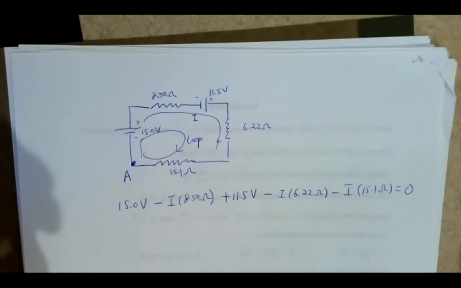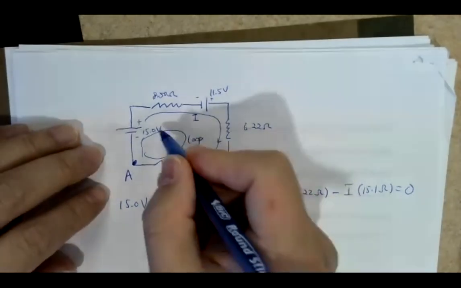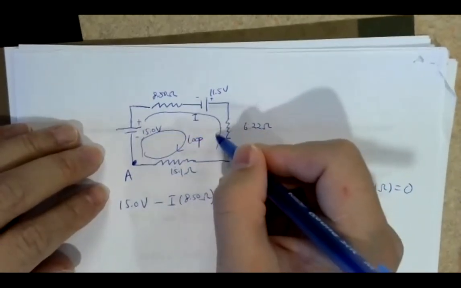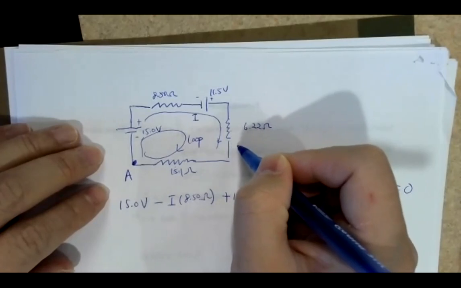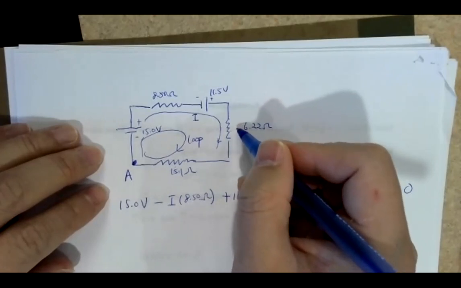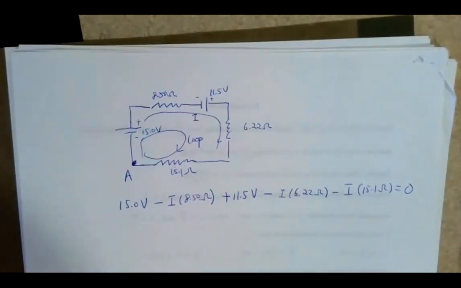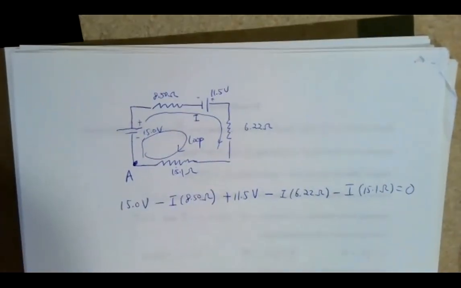Okay, and if your loop goes in the same direction as the current going through a resistor, then potential drops, or decreases. If you pick your loop to go in the opposite direction, so it's against the direction of the current, then when you're going through a resistor, that potential will increase.